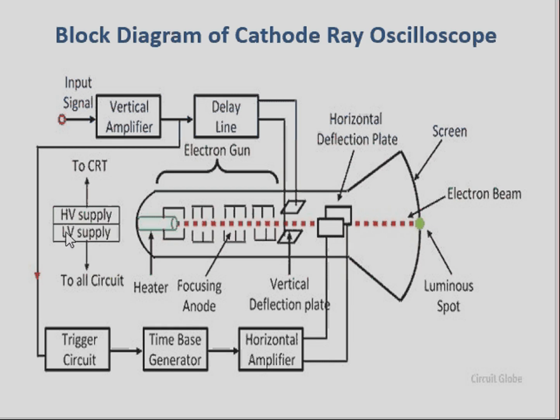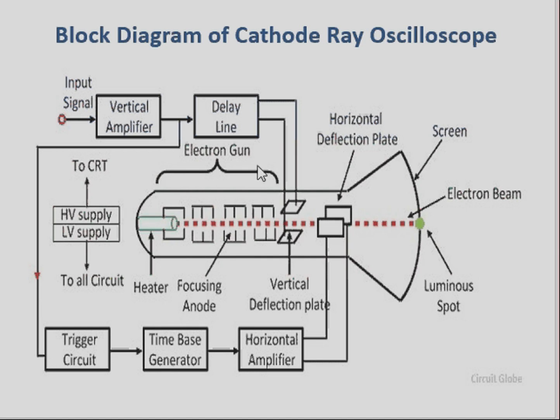Similarly, the low voltage supply is used to provide low positive voltages, in the order of plus 300 volts to plus 400 volts. This low voltage circuit is used for the working of electronic components inside the CRO. Similarly, the high voltage circuit is used to provide input to the anodes provided in the circuit.